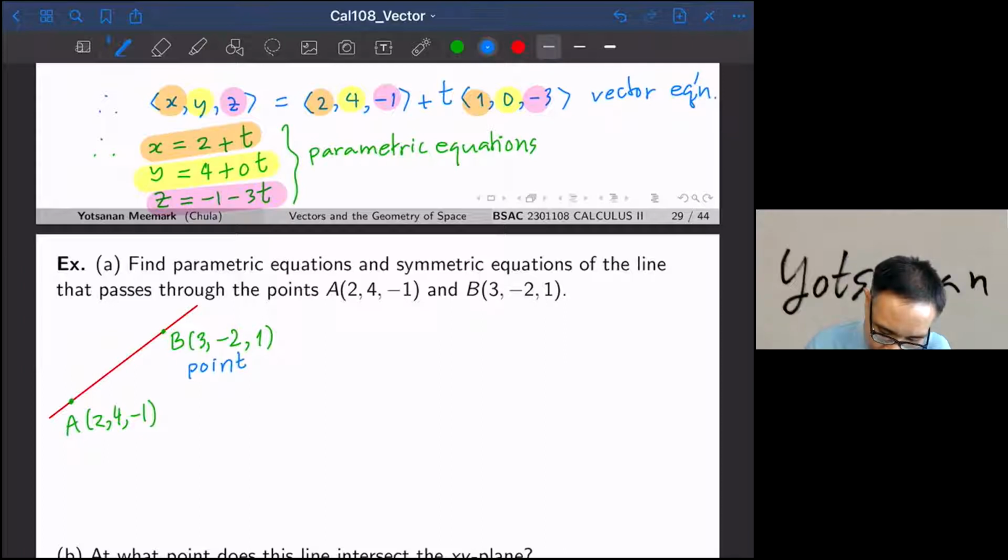The direction vector v is the vector that the line is parallel to. In this case, we use v equal to vector AB.